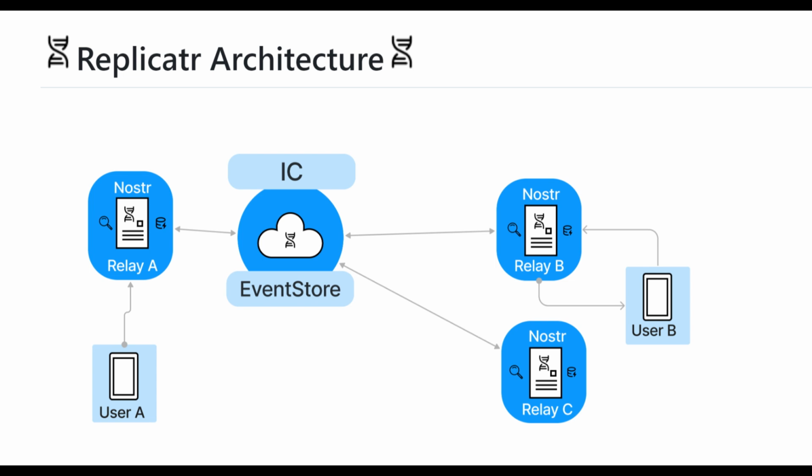And because the event ID is used as the primary key in the canister, this query to the canister is also very speedy and efficient. Therefore, we can say that the relay essentially acts as a cache and a search engine, while the canister acts as the event store and tool for synchronization. Now, let's see this in action.